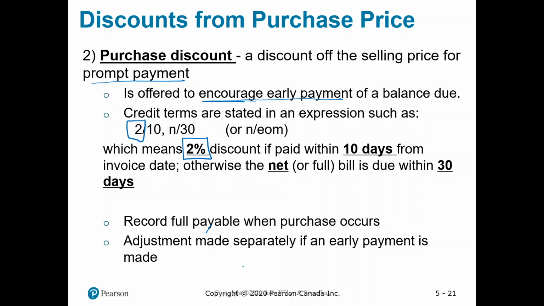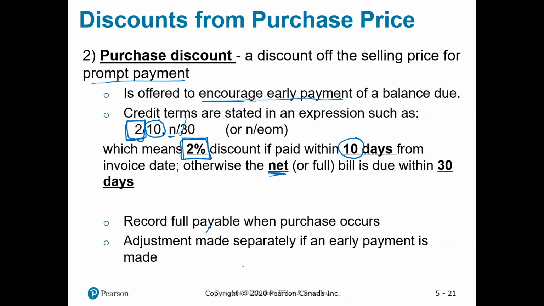So the 2 that I've had the square around here is the discount percentage that you would receive. The 10 is how many days you need to pay from the invoice date in order to get whatever the stated discount is. N always means net.